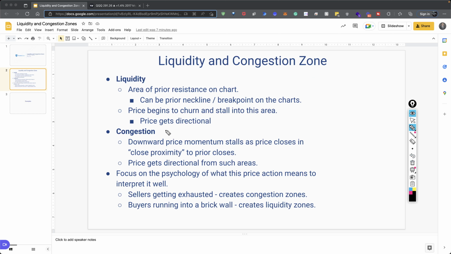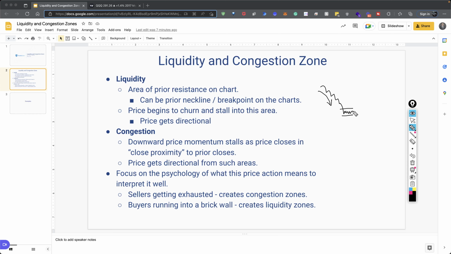The flip side of that concept is congestion zones. Congestion zones are created, and the best ones, and this is key, are created when we have a lot of selling in the markets, and we attempt to do this for a few sessions, and sellers are exhausted to the downside.